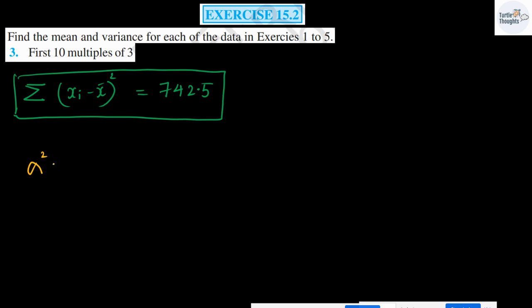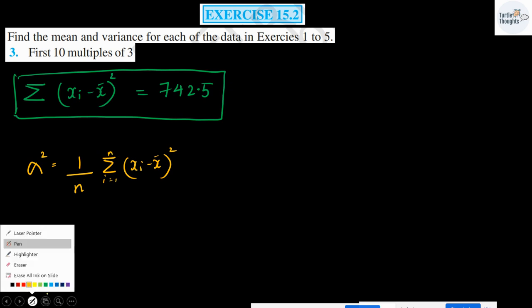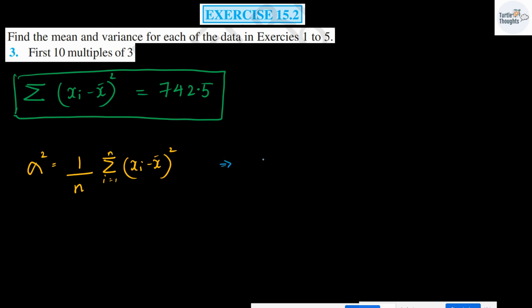Variance is given by sigma square equals 1 over n summation of xi minus x bar whole square, from i equal to 1 to n. Substituting the same, variance sigma square is going to be 1 over n. What is going to be the n?